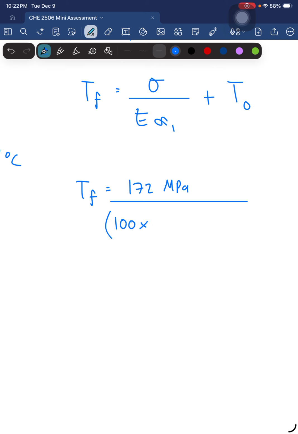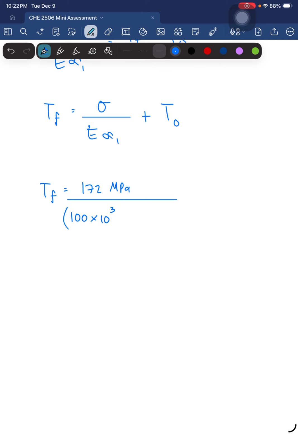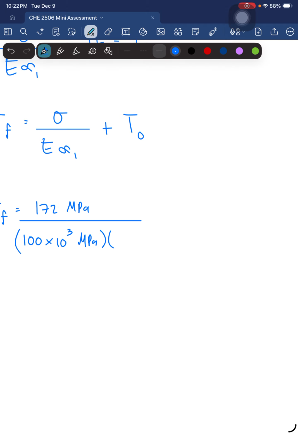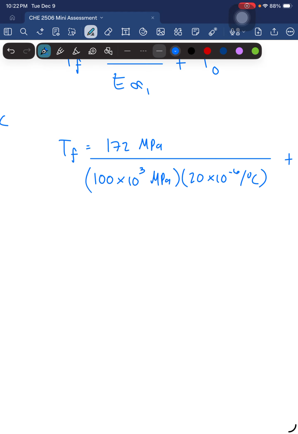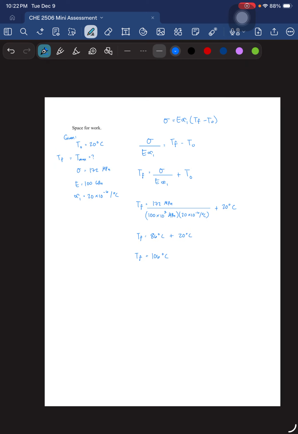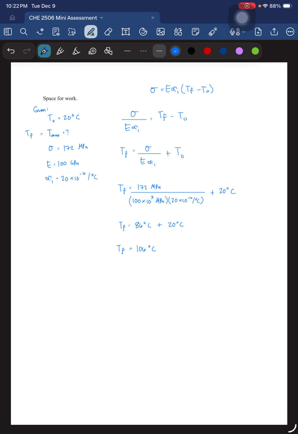So that would be 100 times 10 to the power of 3 MPa, multiplied by our coefficient, which was 20 times 10 to the power of negative 6 per degree Celsius, plus our initial temperature of 20 degrees Celsius. Now, solving that, we will get 86 degrees Celsius plus 20 degrees Celsius, and our final temperature is 106 degrees Celsius. Pretty straightforward, just basic math.